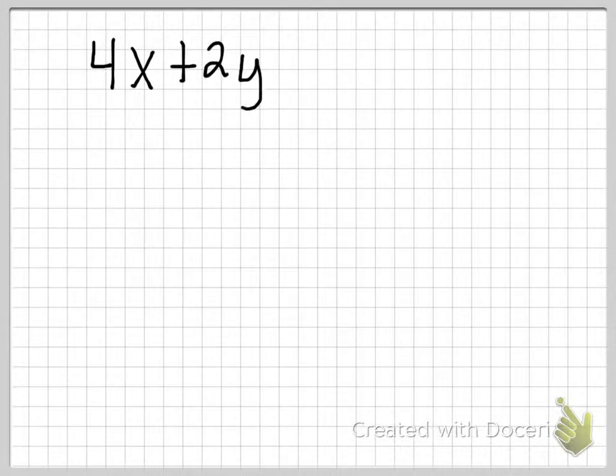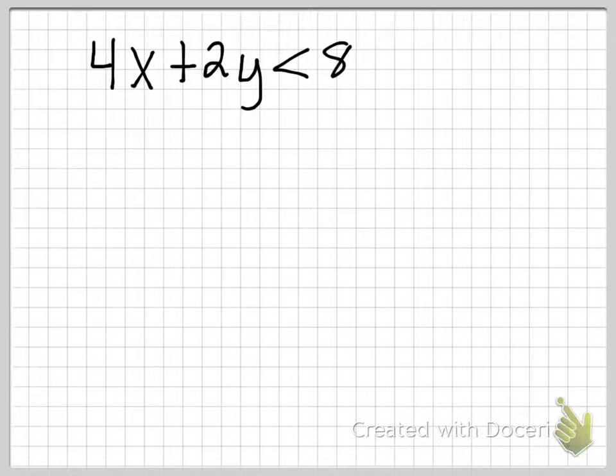All right, let's try 4x plus 2y is less than, I don't know, 8. Okay, I got some nice easy numbers to work with.